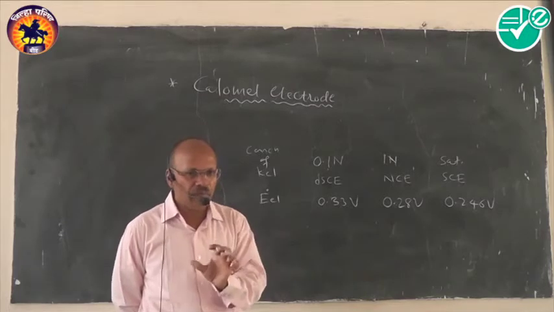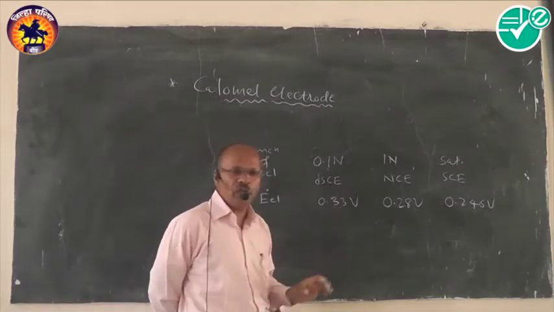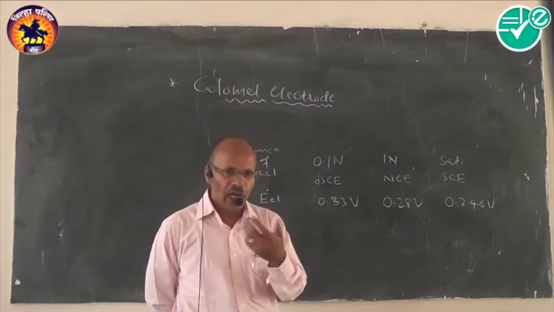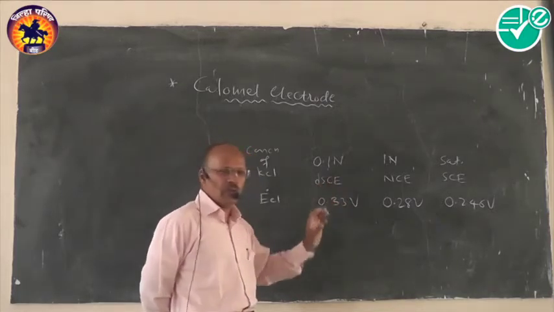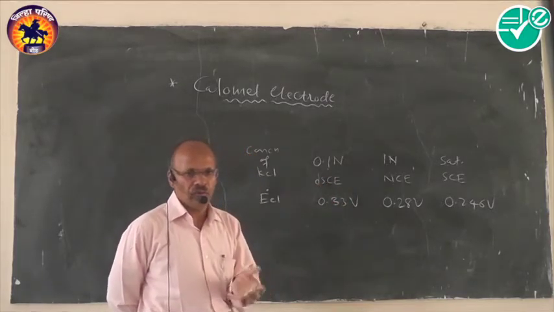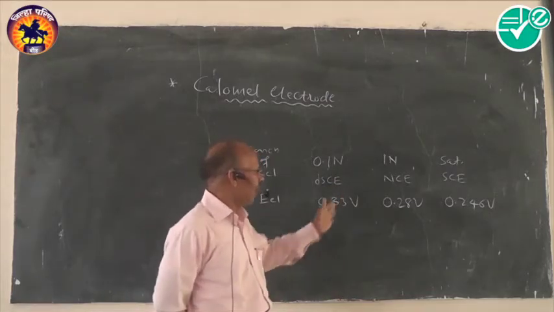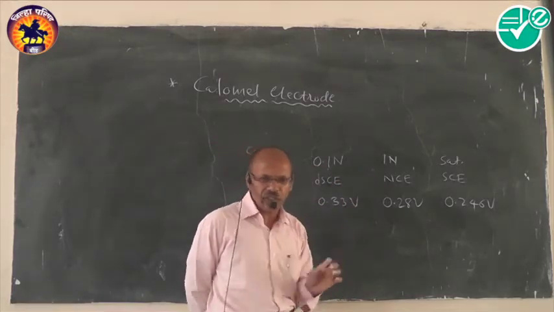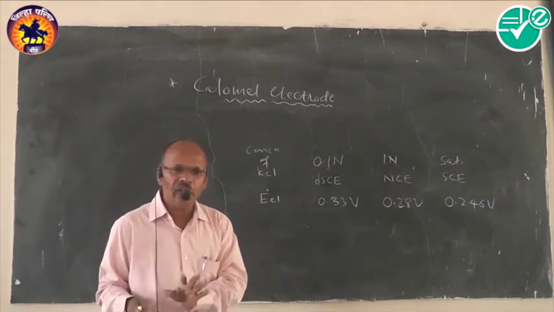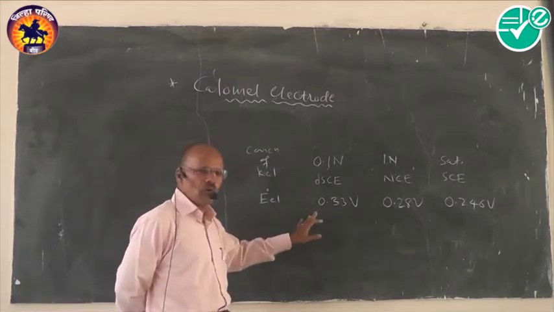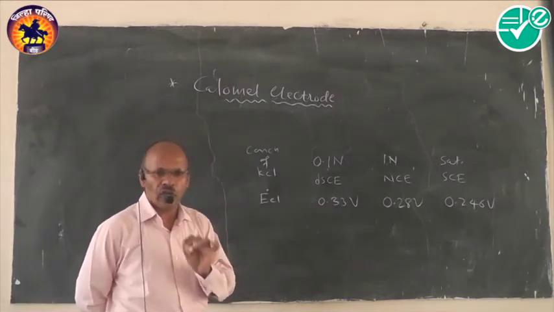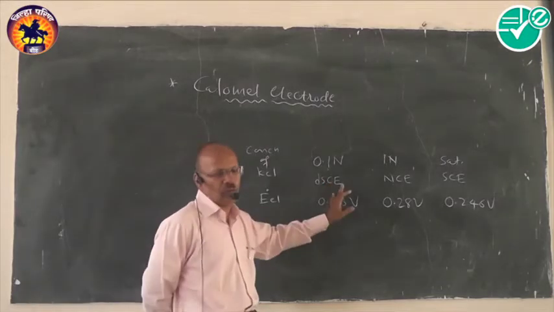It is handy, and its electrode potential is reproducible. Along the same, we can easily construct that electrode by using saturated KCl and the remaining parameters. In that sense, we have to follow some advantageous points of the calomel electrode over the standard hydrogen electrode. So you have to remember this point also.